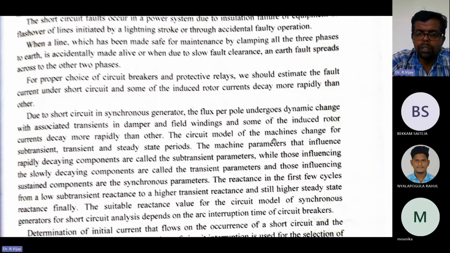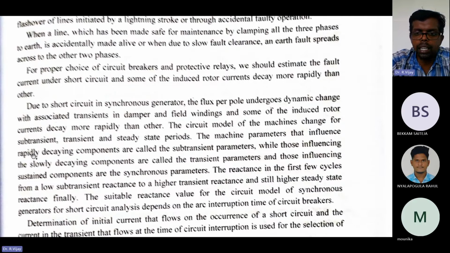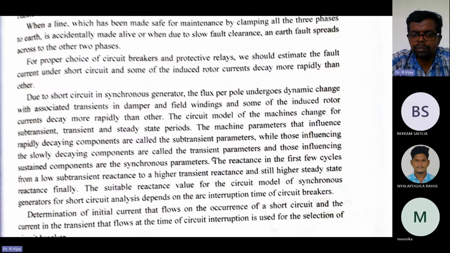The circuit model of the machine changes through subtransient, transient, and steady state periods, as we saw in the figure above. Machine parameters that influence the rapidly decaying components are called subtransient parameters, while those influencing the slowly decaying components are called transient parameters, and those influencing the sustained components are called synchronous parameters.